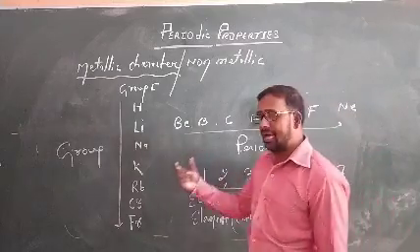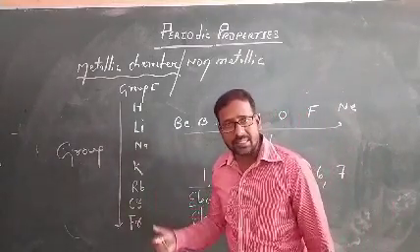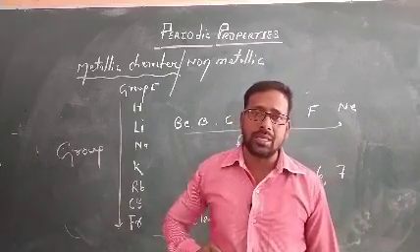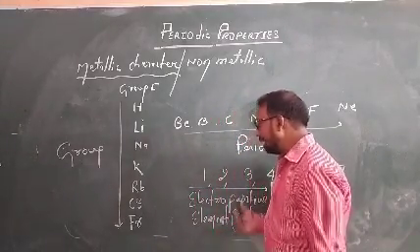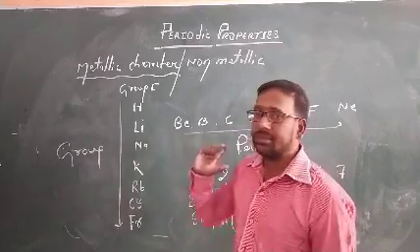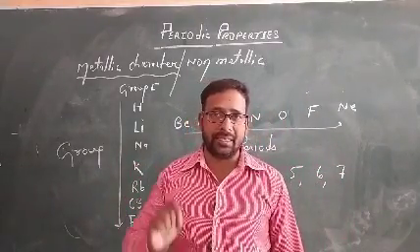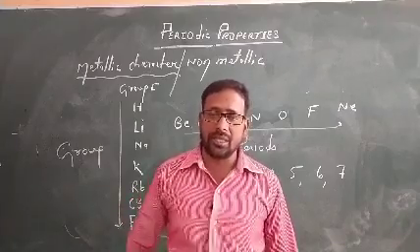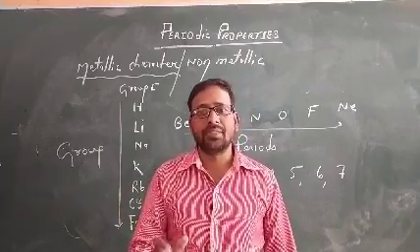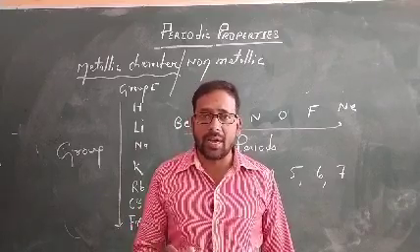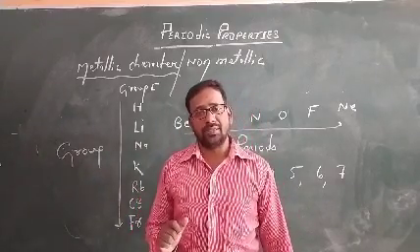Whenever an element has fewer than 4 valence electrons, it will lose electrons and form a cation, and these are called metallic characters, because metals have a tendency to lose electrons, and when they lose electrons they form cations, and that's why they are known as electropositive elements.